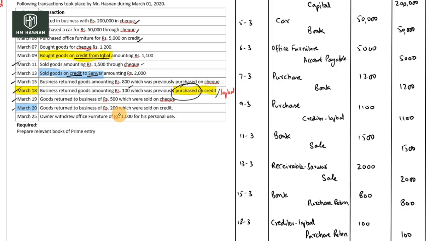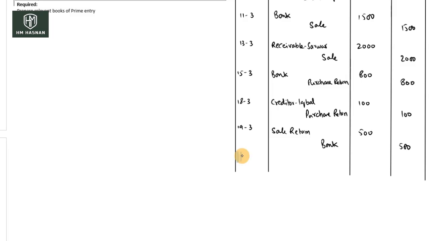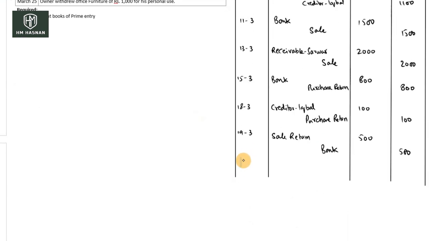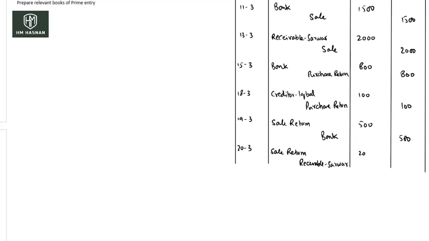So we'll record the double entry: sale return debit, and receivable, that is server, credit, and the amount rupees is 200. We record the entry.